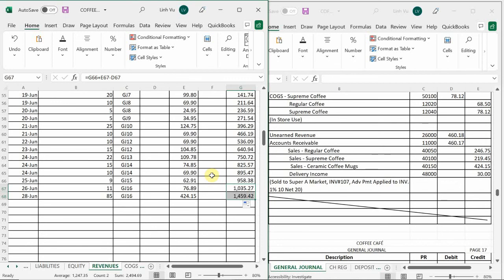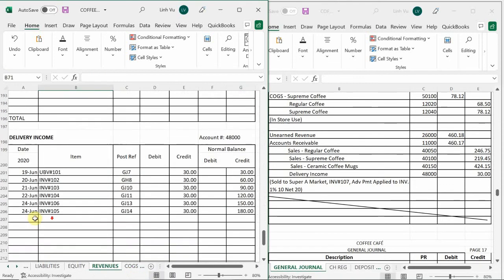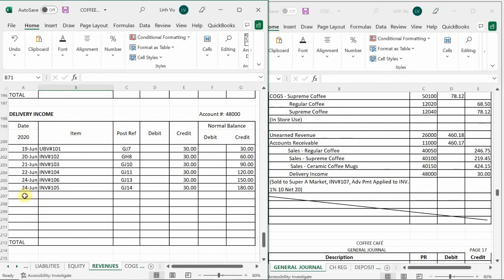And of course, last but not least, we need to update the delivery income because we charged them a delivery charge for invoice number 107. So therefore, we now have a grand total of $210. Okay, so that was just recording the sales.